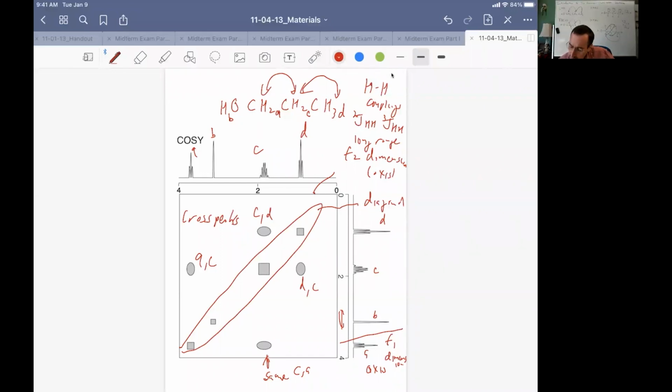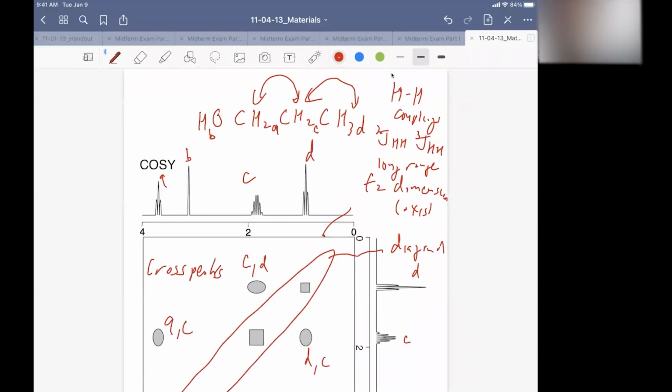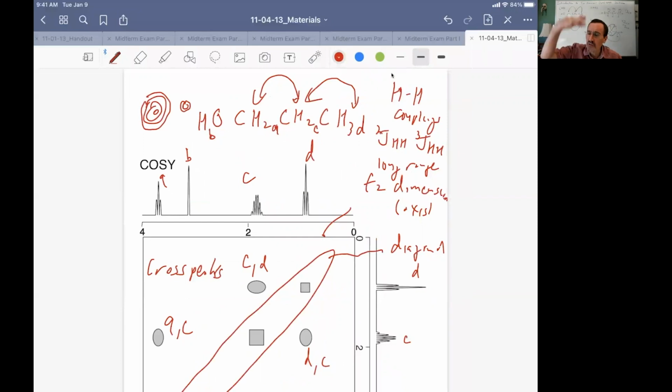Yeah, so remember I talked about contours. Remember I said that we will typically plot contours. So a strong cross peak will have many contours. A weak one might have fewer. And you yourself choose the level when you plot this. James will try on the exam problems, and we've tried in all the homework problems, to choose the levels so you see as many cross peaks as possible.